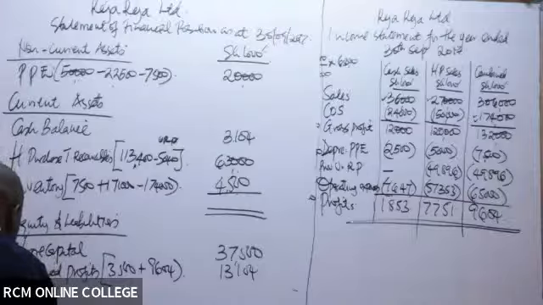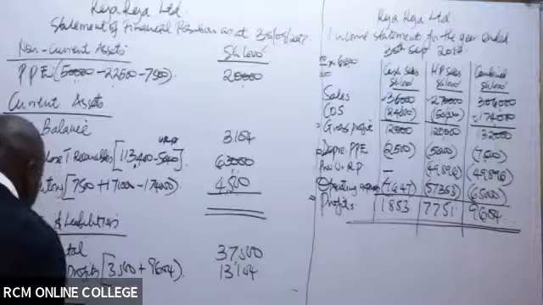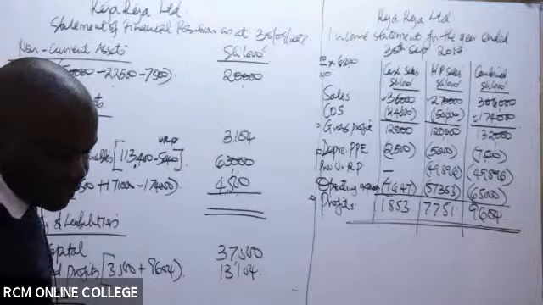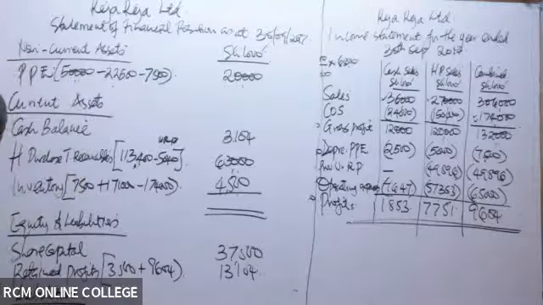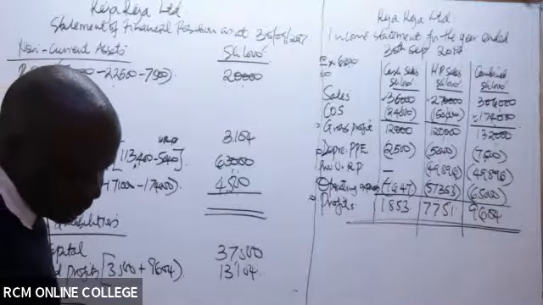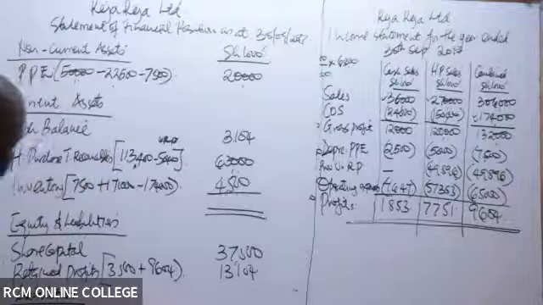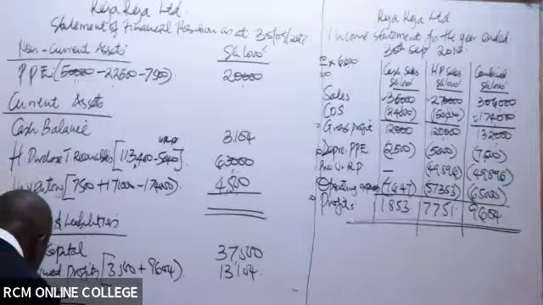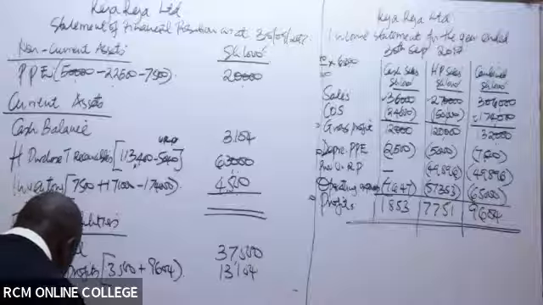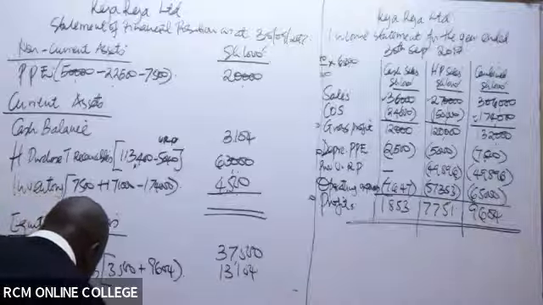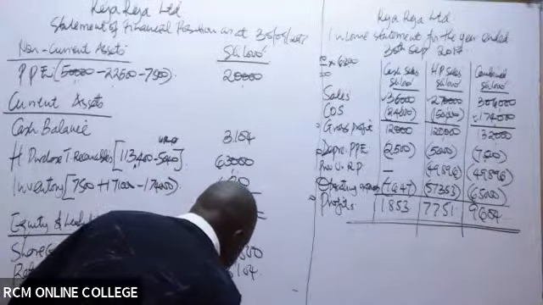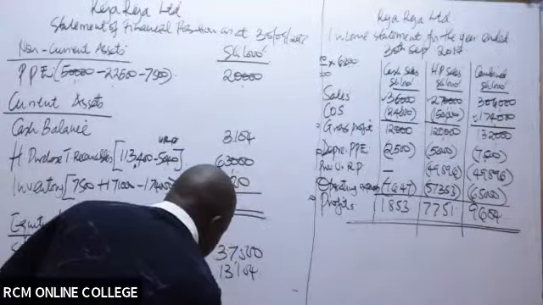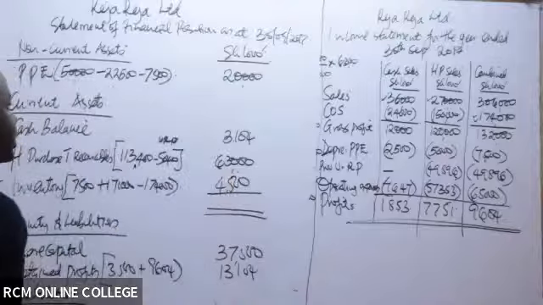So we'll have the liabilities. For the liabilities, you can check the trial balance for any item on the credit side that sums up to be a liability. If you look at the credit side, you have trade payables. The trade payables is an amount of 40,000.